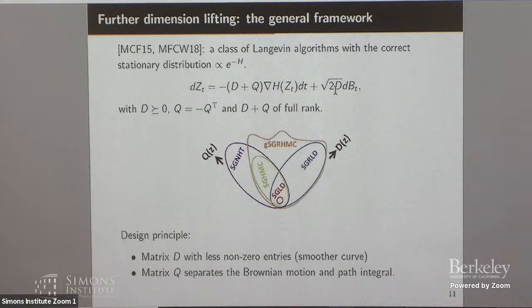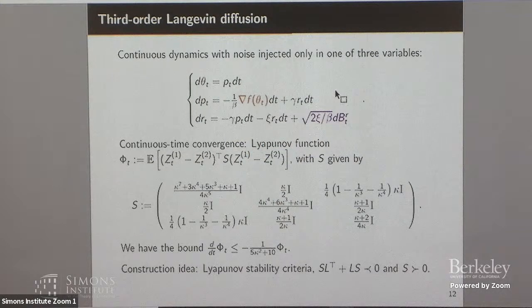And the second principle is that you want this Q process, which is the transport part of the equation, to be able to separate the part where you compute the integral of the Brownian motion and the part where you compute the integral of the gradient. Based on these two principles, we can design this diffusion process.